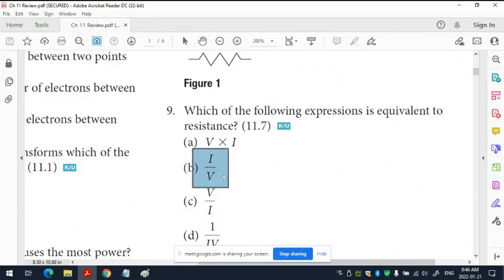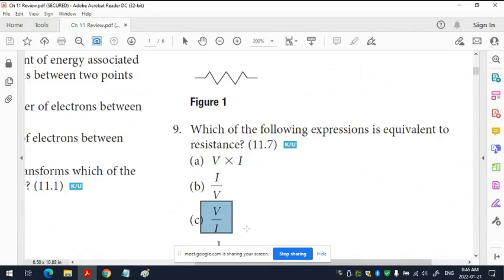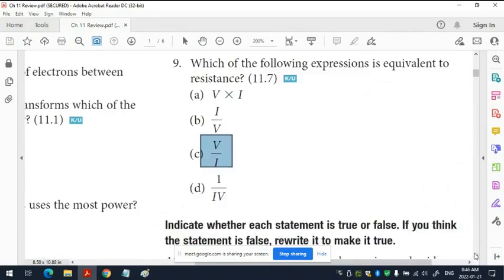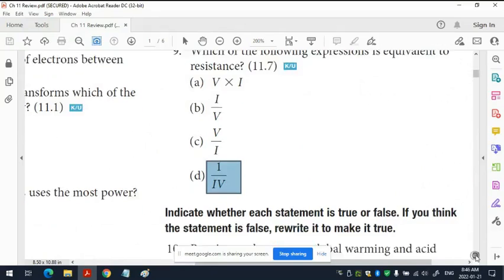This is I over V. Is that correct? What is the resistance? It's not I over V. It's V over I. So it's this guy, V over I. What's the fourth choice? Is that even correct for anything? No. 1 over IV is absolutely nothing. Okay. Next.